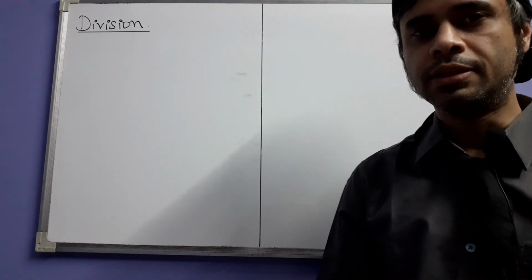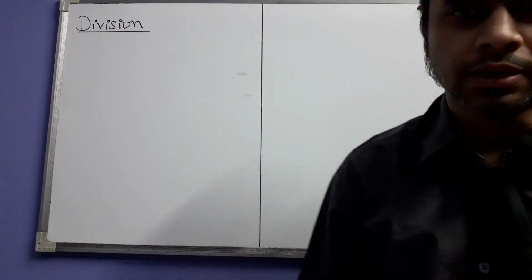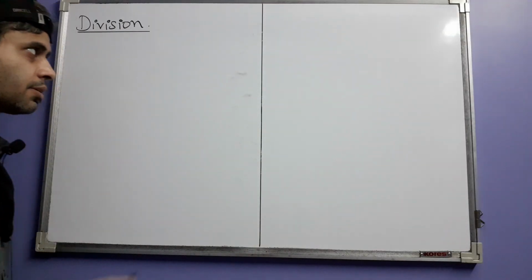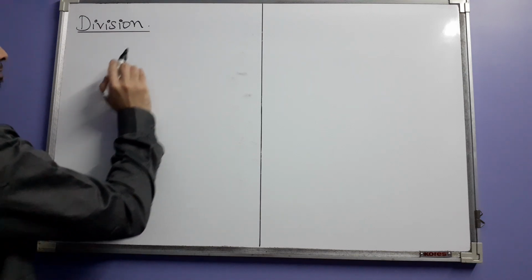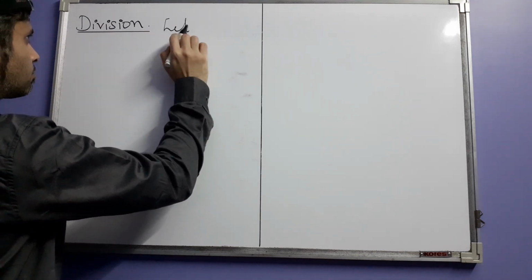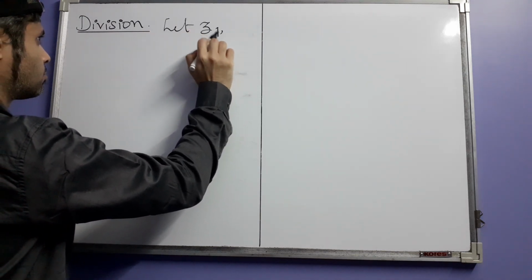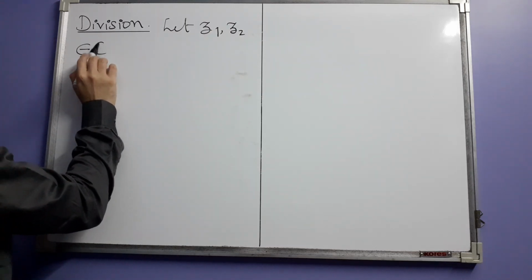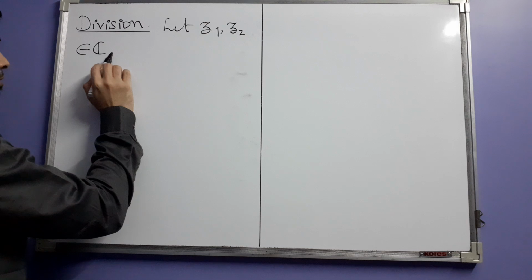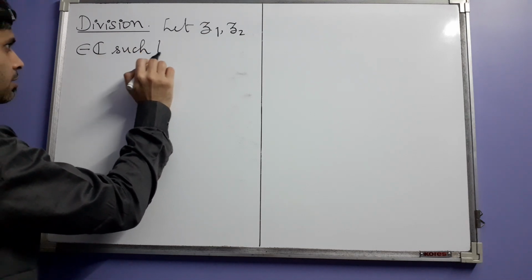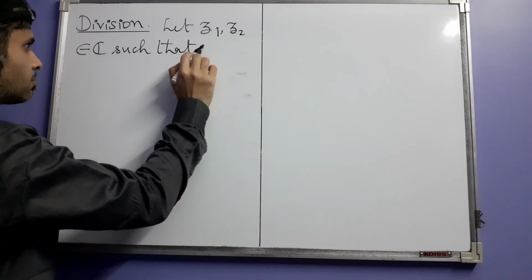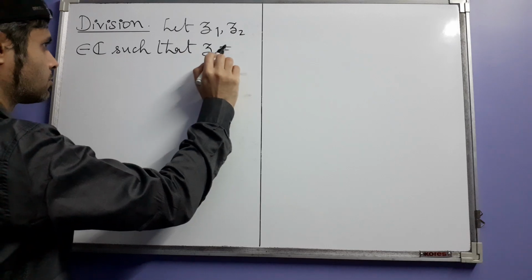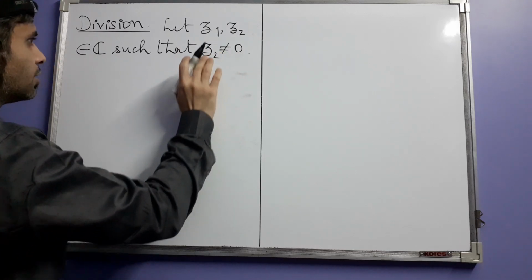Let us next see division of two complex numbers. Suppose you have two complex numbers Z1 and Z2 such that Z2 is not equal to 0.